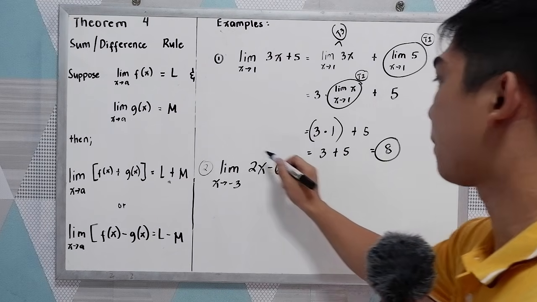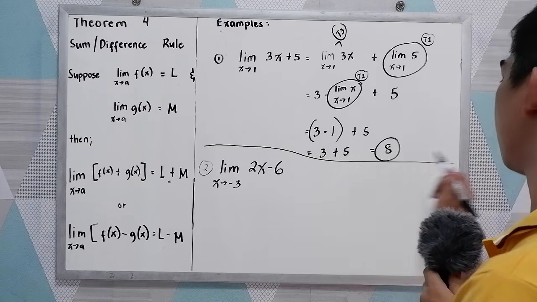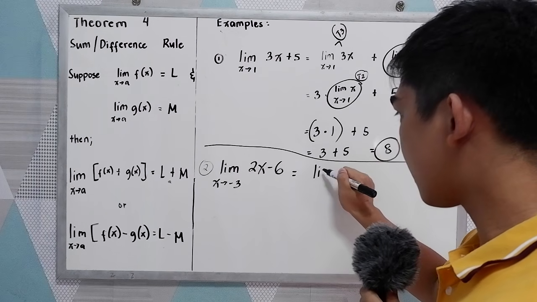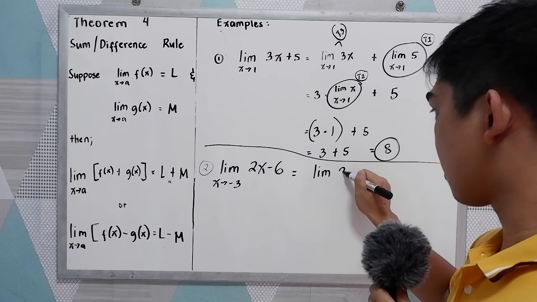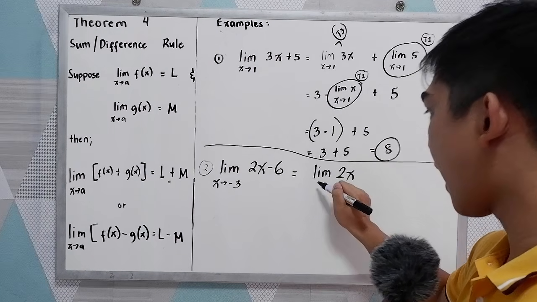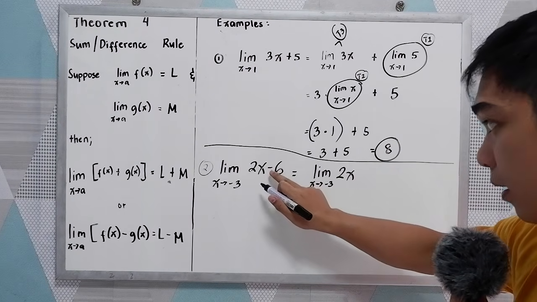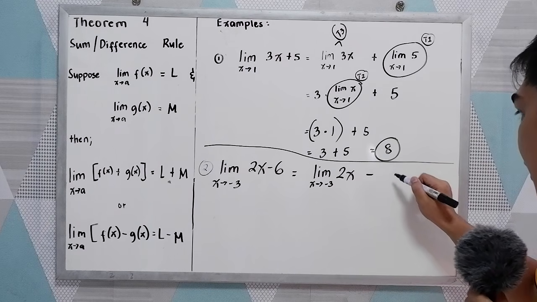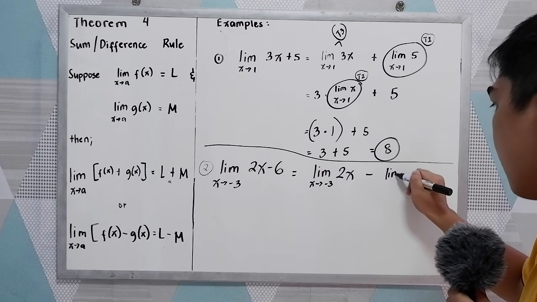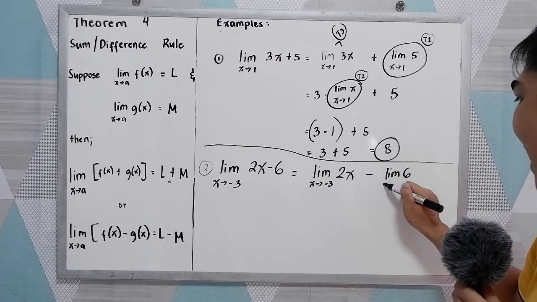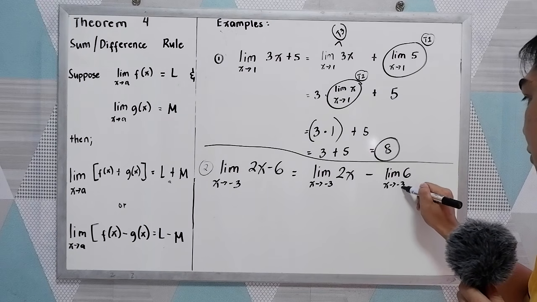Okay? Applying our theorem, that is equal to the limit of 2x as x approaches negative 3 minus the limit of 6 as x approaches negative 3.